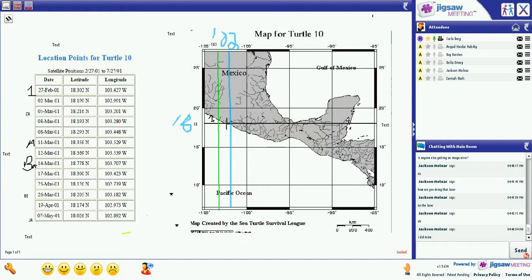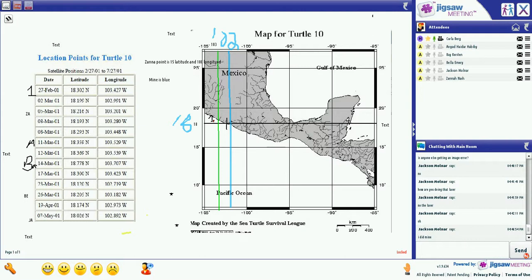Let me try this. Instead of trying to find that point, let me give you each an easier point to start with. So, Xana, your point is 15 latitude and 100 longitude.